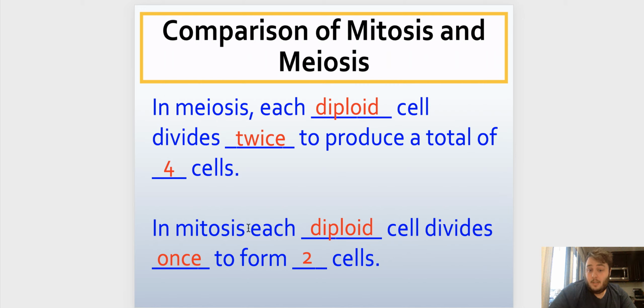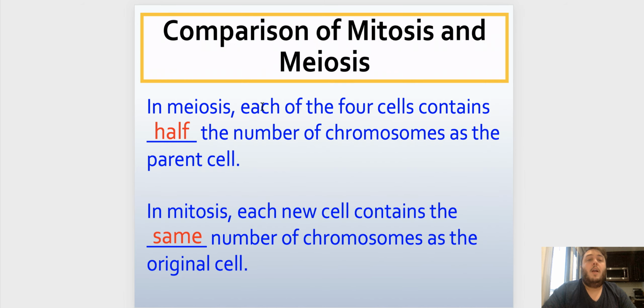In mitosis, each diploid cell divides only 1 time to form 2 cells. That's another big difference. In meiosis, each of the 4 cells contain only half the number of chromosomes as the parent, while in mitosis, each new cell contains the same number of chromosomes.